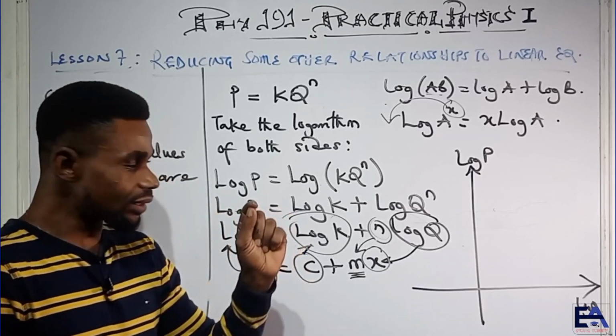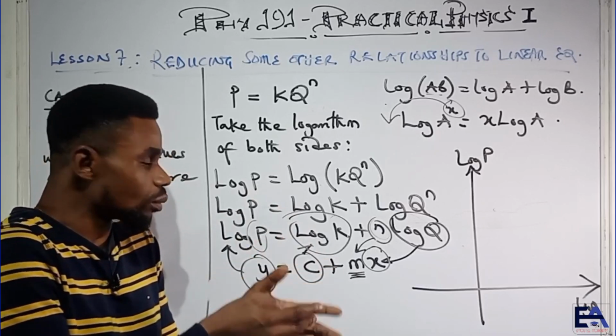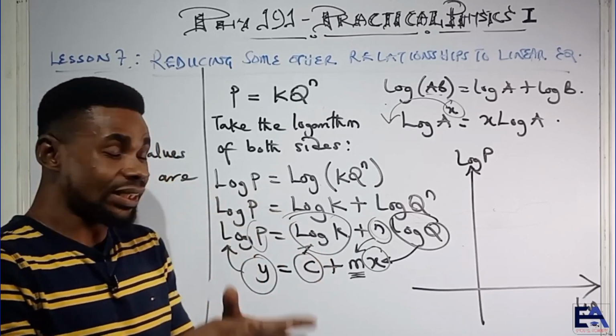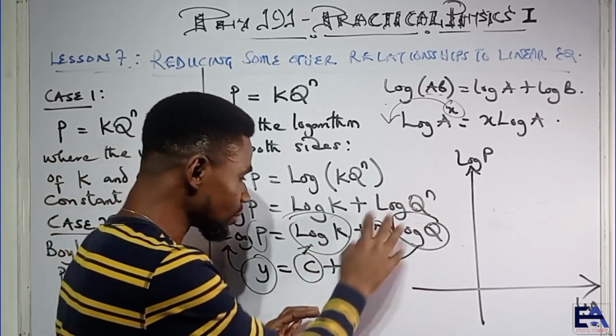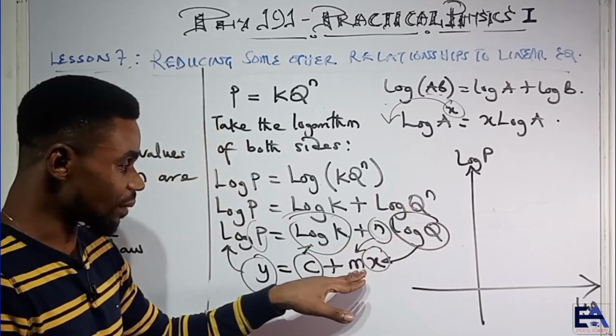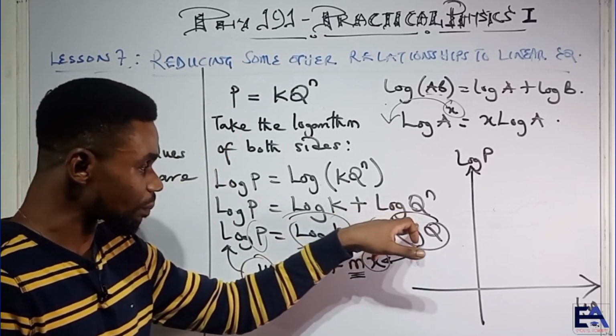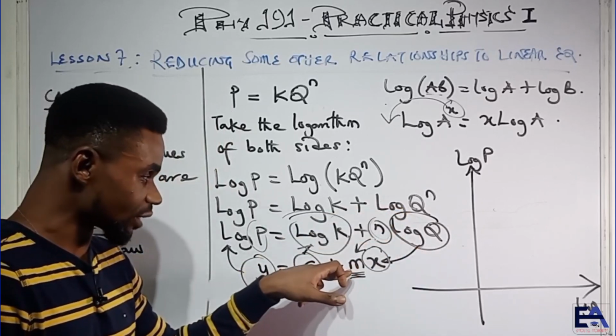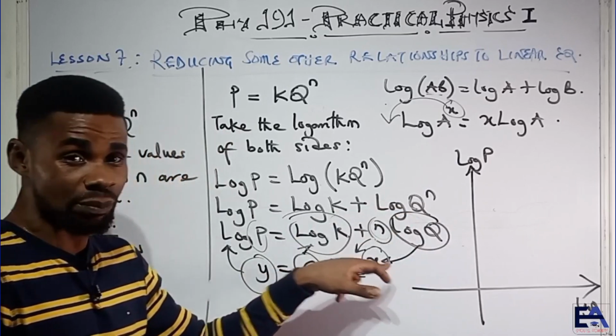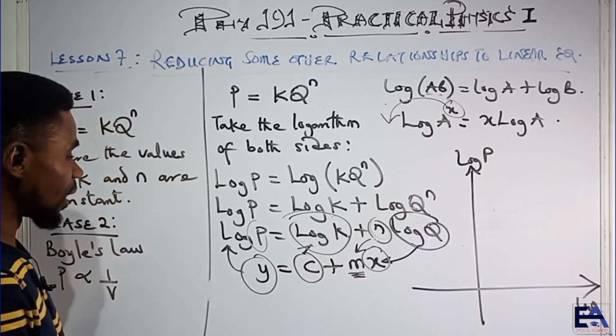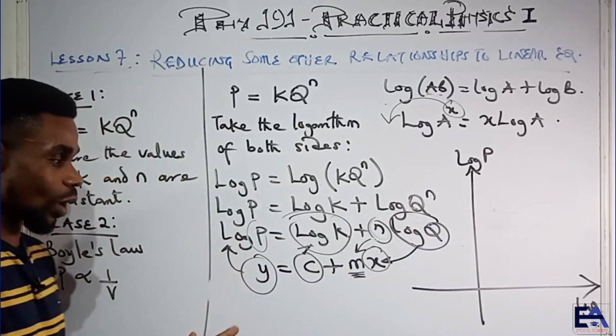But the term that contains a constant value multiplying an independent variable is the term that contains the mx. The constant value that multiplies the independent variable is regarded as the slope, while the independent variable is the x that we have, and this one is just like y, the normal way.